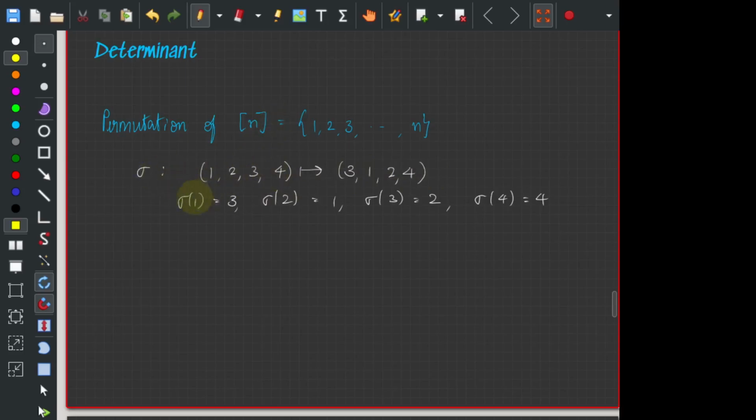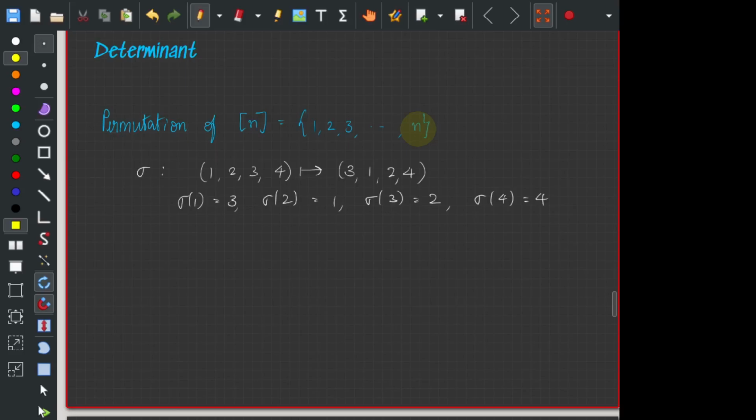And for this permutation, sigma of i is the element that i is permuted to. So sigma of 1 is equal to 3, sigma of 2 is equal to 1, and so on. It's just any bijective map from 1, 2, 3 up to n to 1, 2, 3 up to n. Okay. So how many permutations are there of 1, 2, 3 up to n?